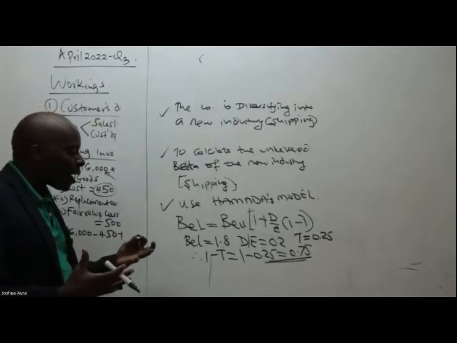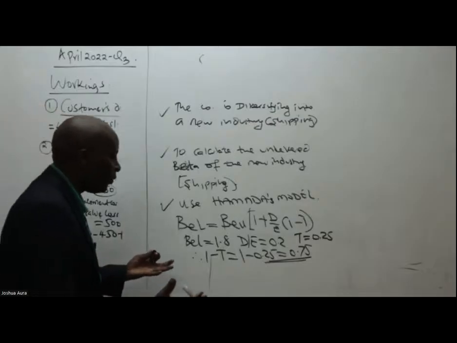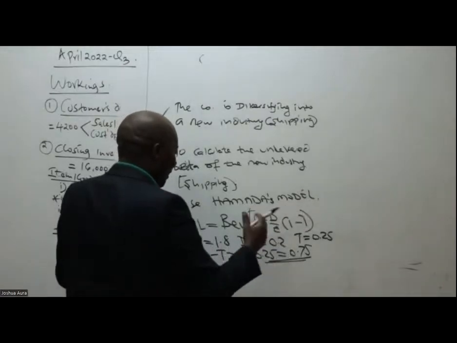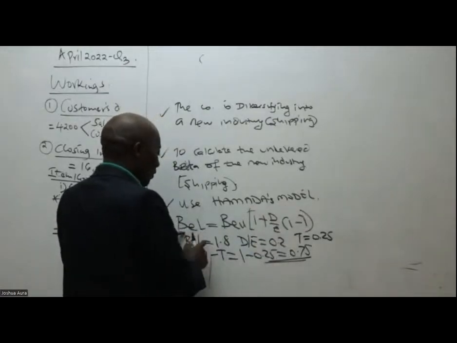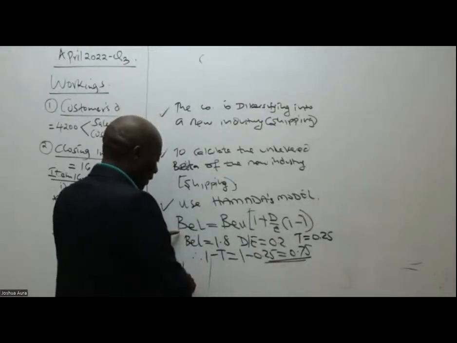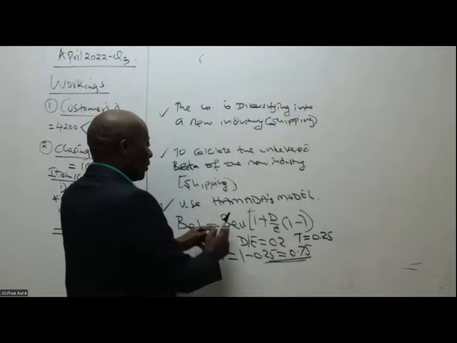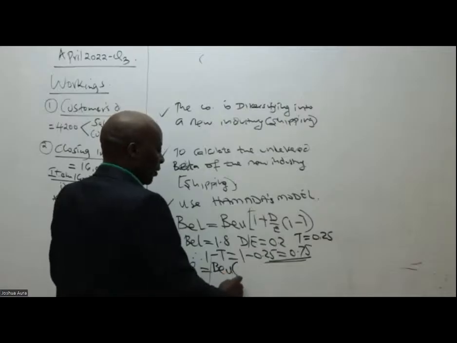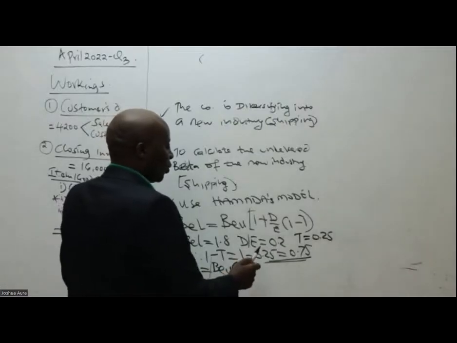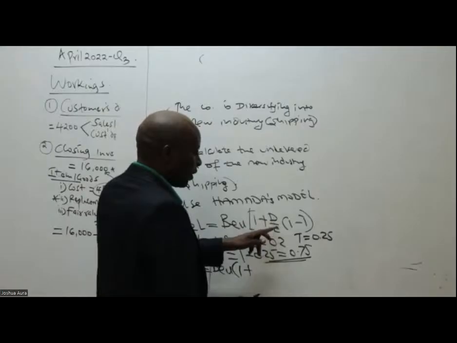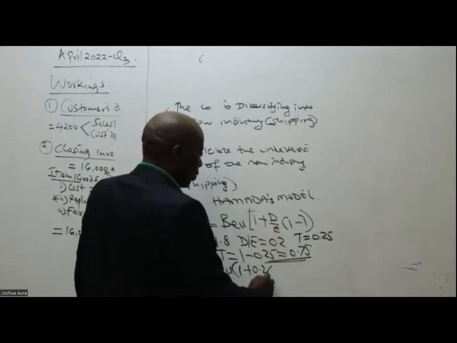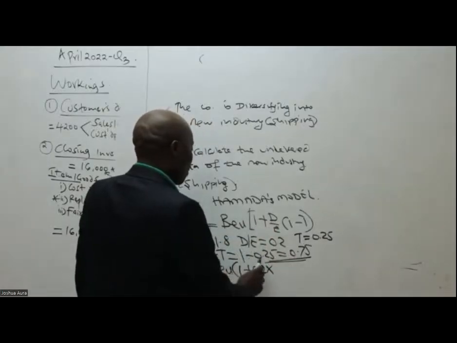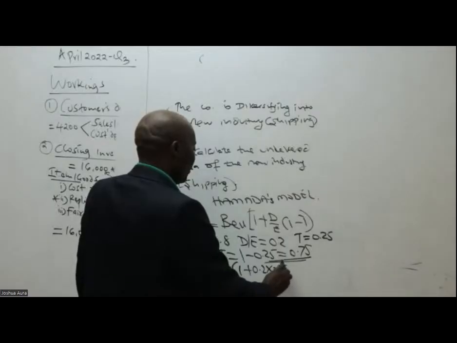Now, could you kindly plug in figures in this Hamada's model. So beta equity of a levered firm here will be 1.8, equals beta equity of unlevered into 1 plus debt to equity, which is 0.2, multiplied by 1 minus tax, which is 0.75.